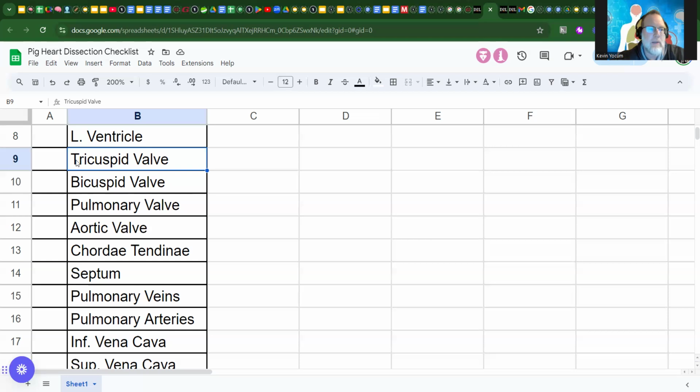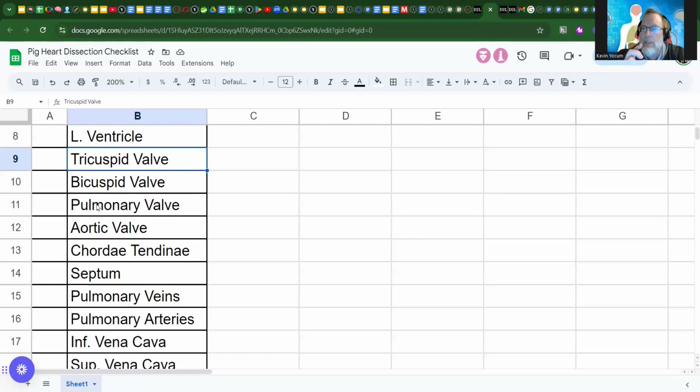All right, and then I'm going to jump down here to number 11. We go from right atrium, tricuspid valve. So right atrium is the chamber, tricuspid is the valve, into the right ventricle chamber, and then we leave the right side of the heart through another valve.